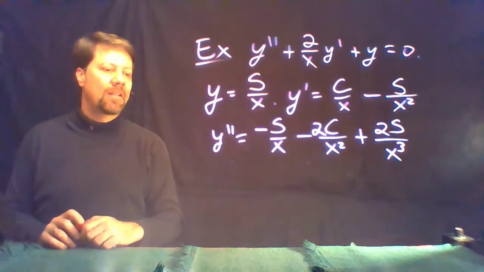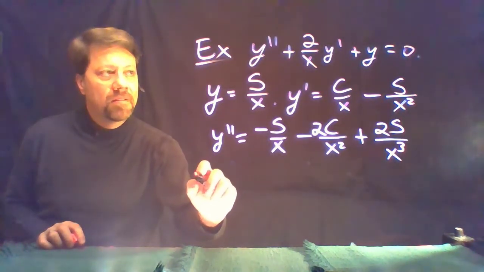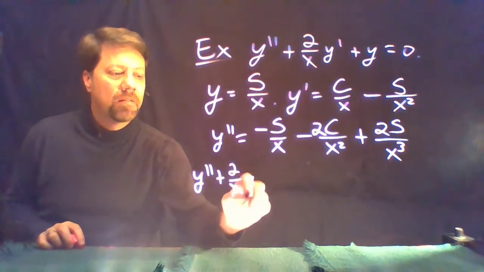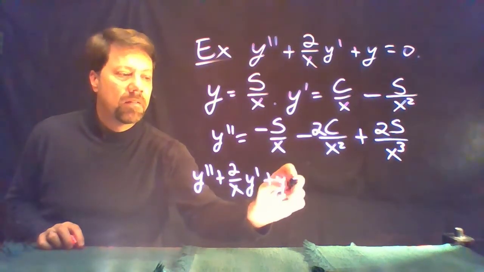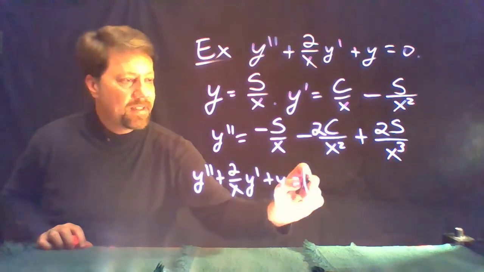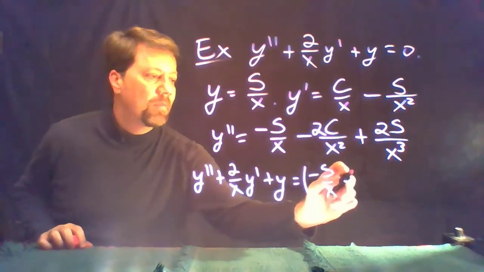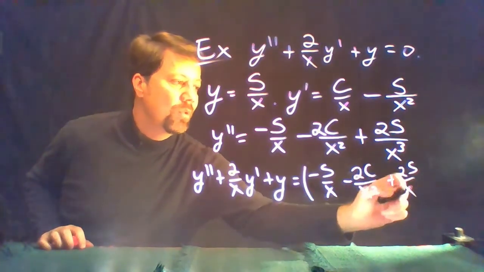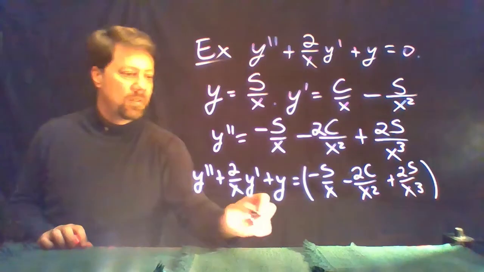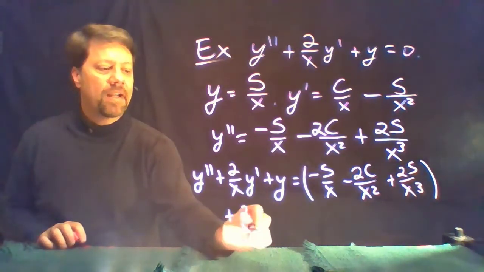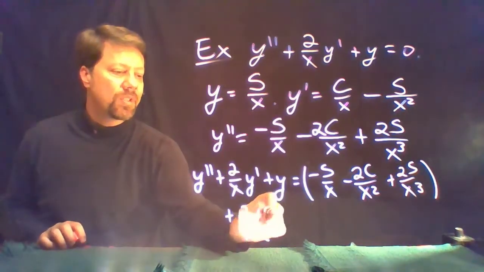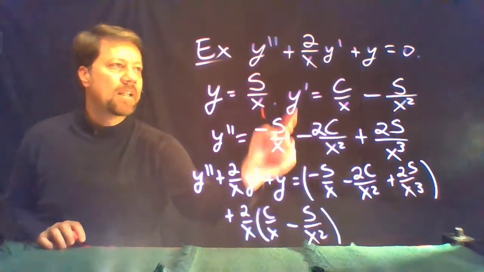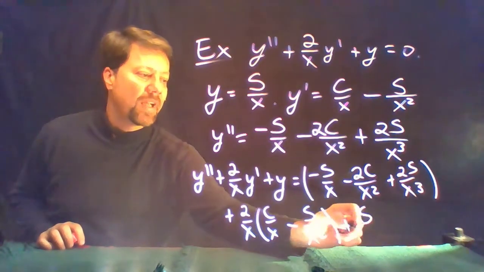To do that, we'll write this as negative sine over x minus 2 cosine over x squared plus 2 sine over x cubed plus 2 over x times y prime, which is cosine over x minus sine over x squared, plus y, which is sine over x.